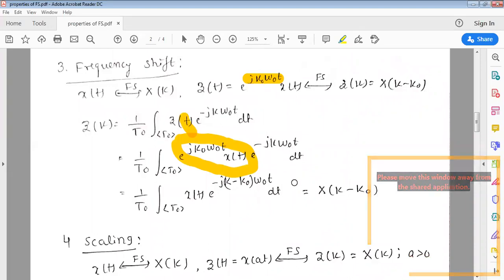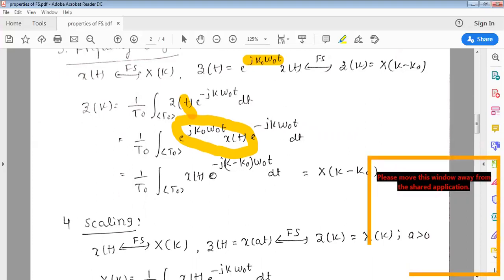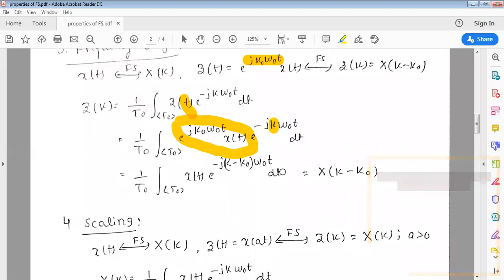You have to take one clue here. This k naught and this k should be separate. Otherwise, what happens? This e power jk naught and this e power minus jk will get cancelled and you will not get the answer. It will become integral x of t dt and you will not end up with anything useful. So be careful, choose k naught and don't choose k. Once you do this, it will become x of t e power minus j, and if you take common, what remains here is k minus k naught, because the minus is taken outside, into omega naught t dt.